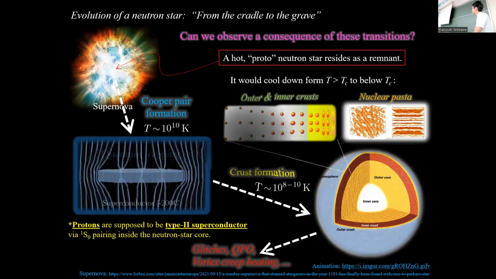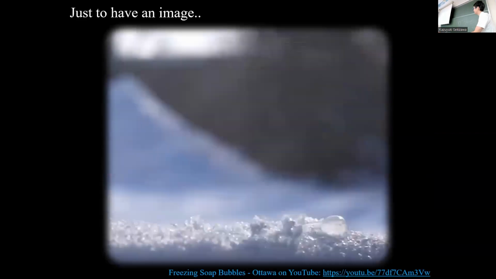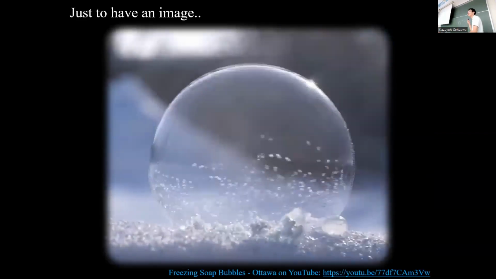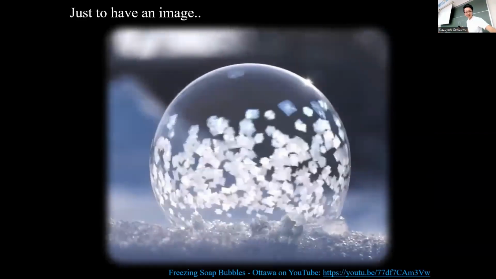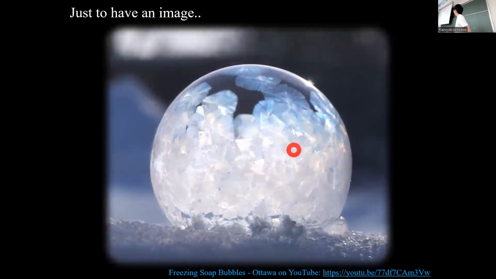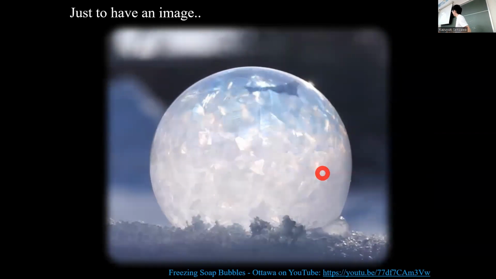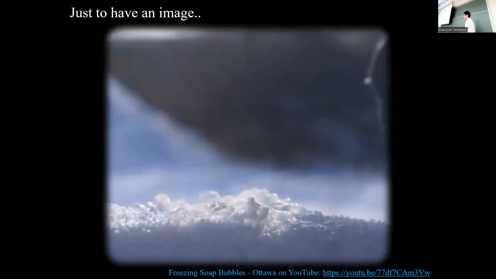This is the last image. The animation shows the freezing bubble, but this gives you an image. In the hot environment, the neutron star was hot and there was no crust structure.